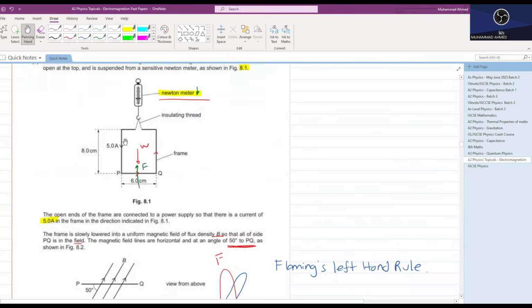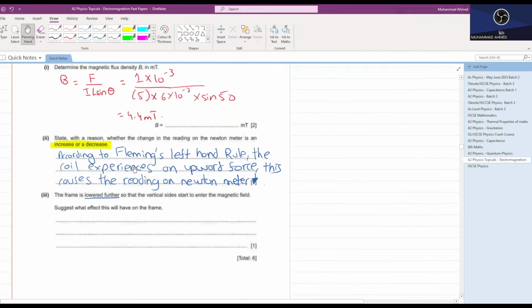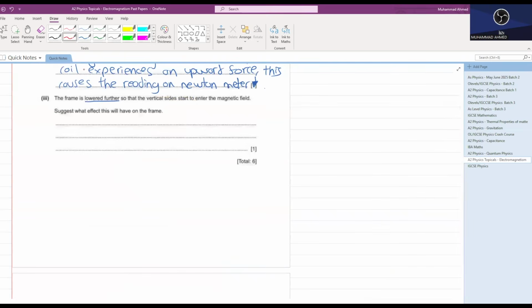This will cause a force on these vertical sides as well. And once you have a force on the vertical sides, the coil will start to rotate. Simple as that.